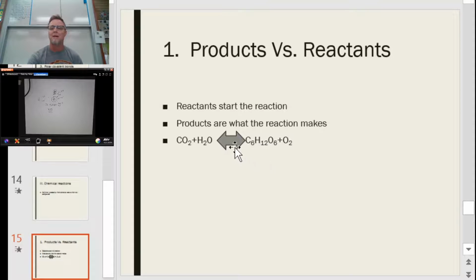That's normal. This arrow is pointing both directions because this is what's called a reversible reaction, so it can go either direction, right? So if that confuses you, I'm sorry, but normally we go from left to right, reactants, and then the arrow yields, and then products. So if we say it all together, it's CO2 plus H2O yields C6H12O6 plus O2. If we just use plain English, it's carbon dioxide plus water yields glucose and oxygen.